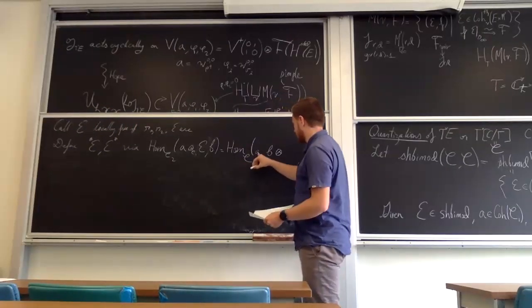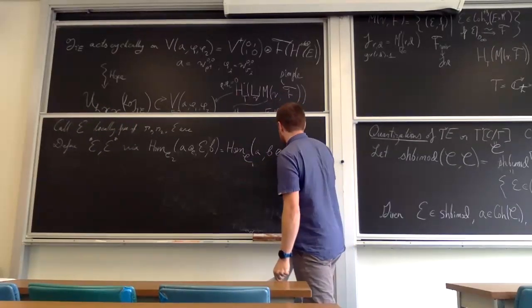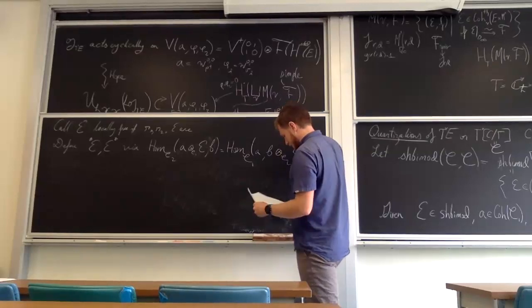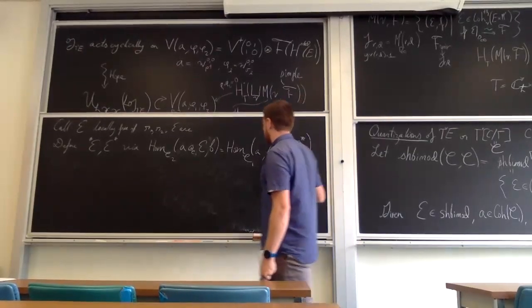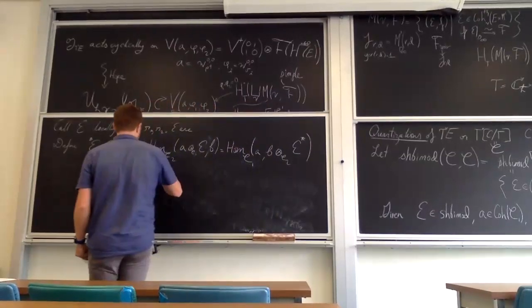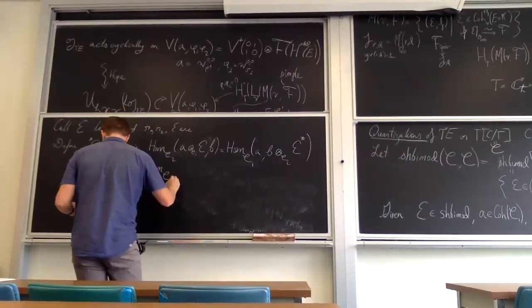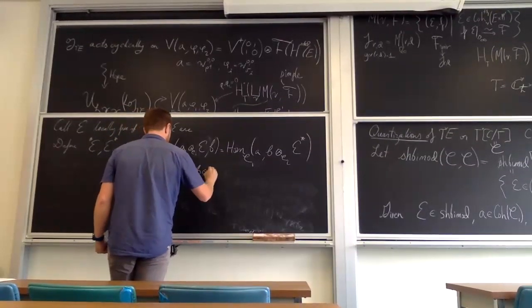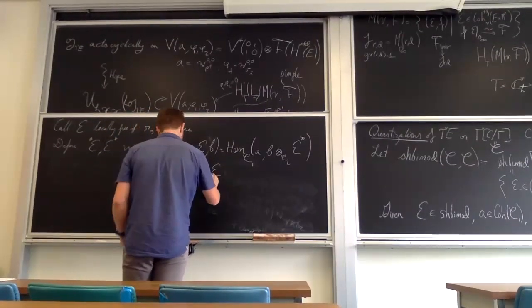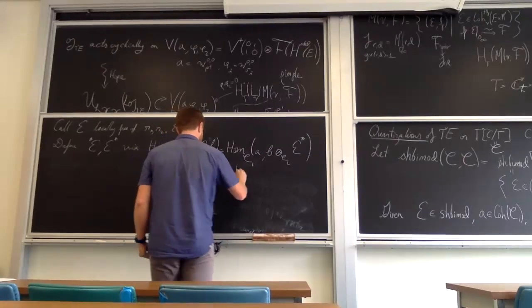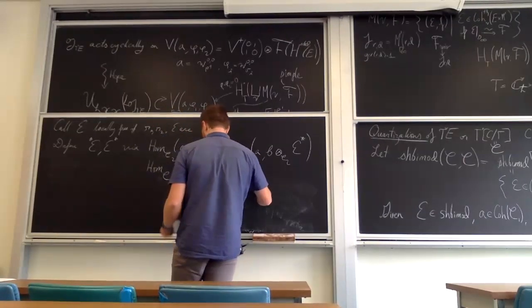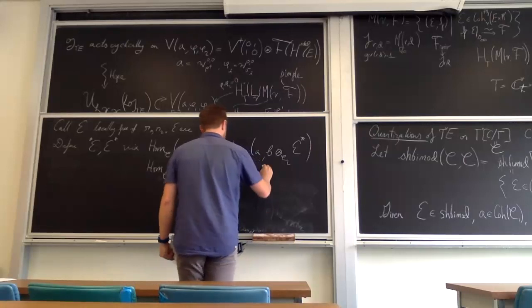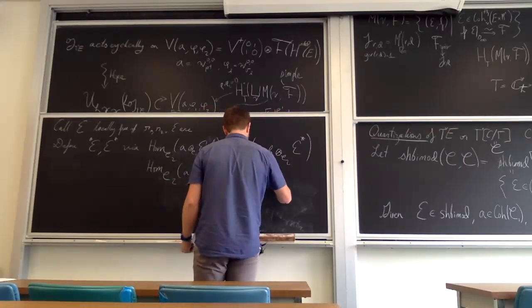Hom C1 of A, B tensor C2 of its right adjoint, then hom C2 of A, B tensor C1 E is equal to hom C1.